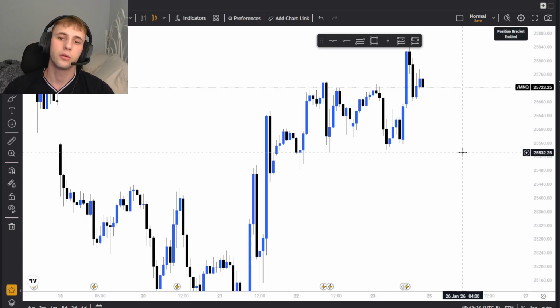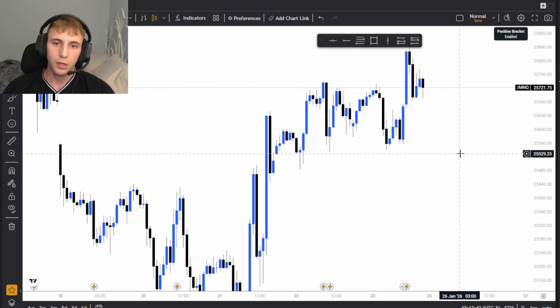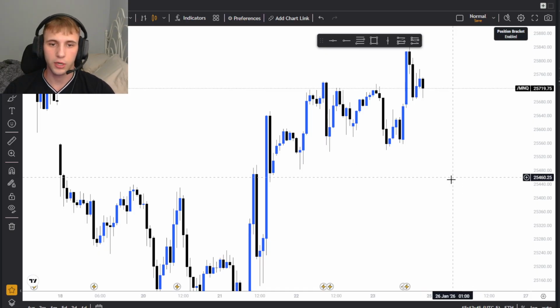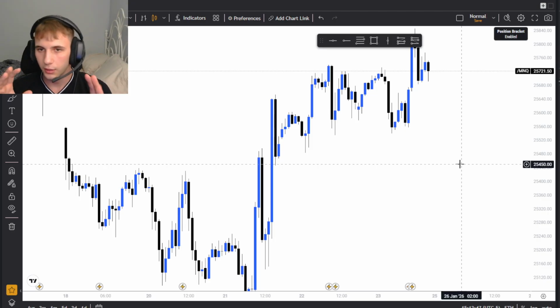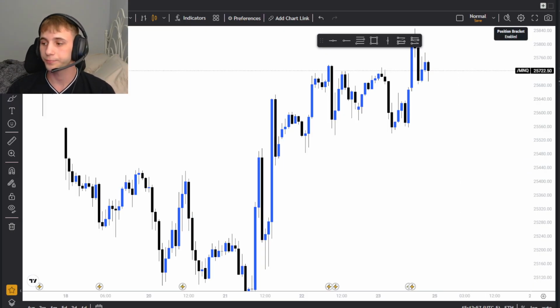Well, we can either sit on our hands and wait, which is the safer option. But there are also little things that pinpoint whether there's a higher possibility for it to be a stronger draw or a weaker draw on liquidity.